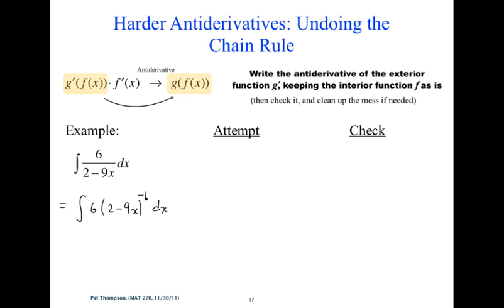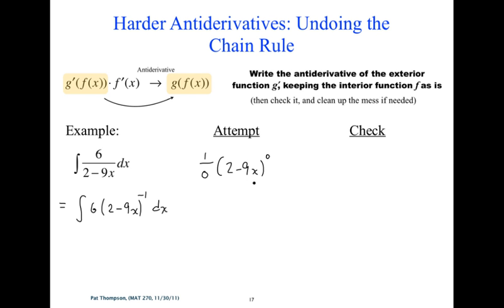Yeah. It would be natural log. So if we were to raise the power, let's just try raising the power. What would we get? (2 minus 9x) to the 0, and then over here we'd need 1 over 0. It's getting worse, right?